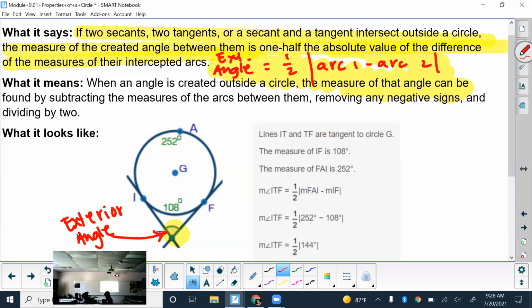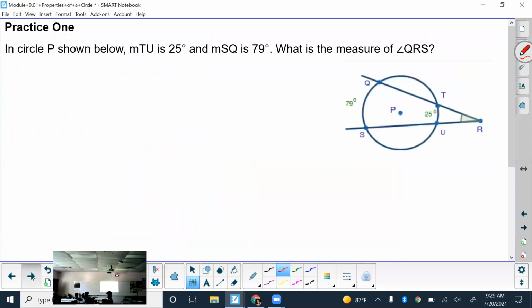The arc measure is what it looks at, that's what it means by intersected arc. Questions so far? All right, so have that formula in there. I'll write it on the next page too.